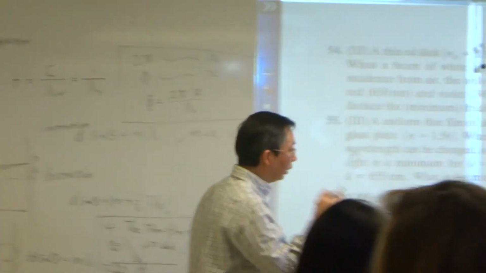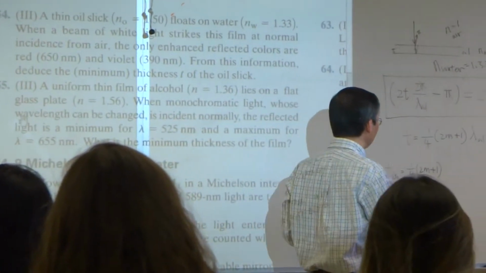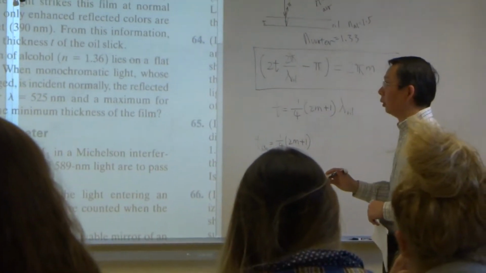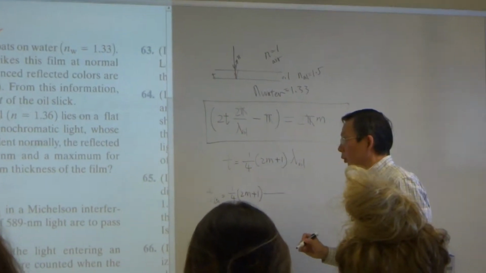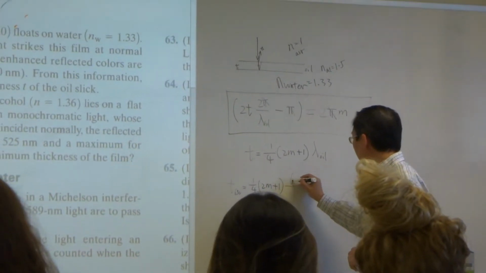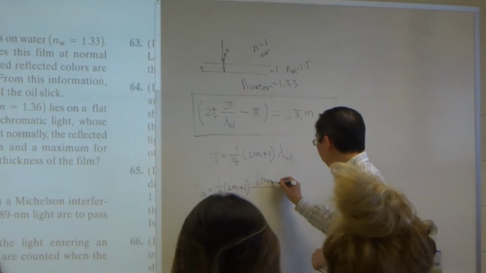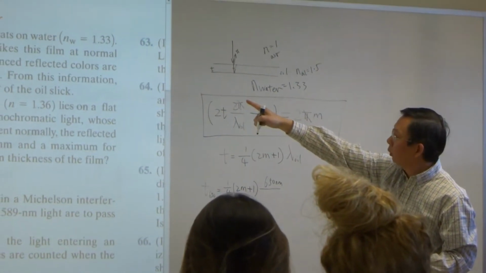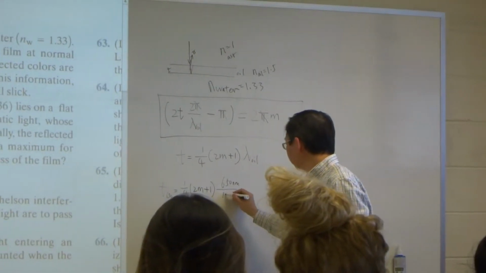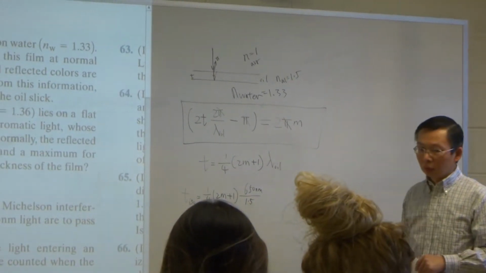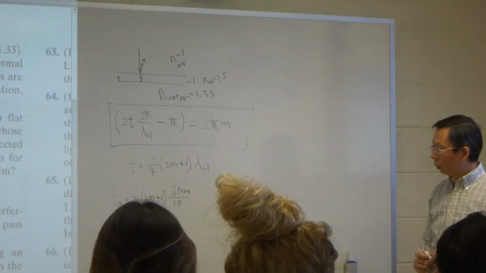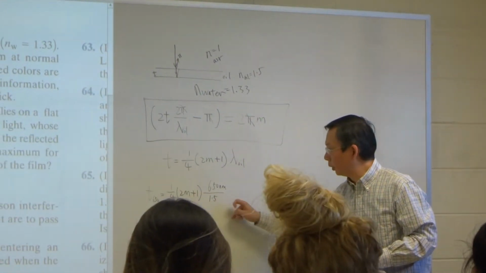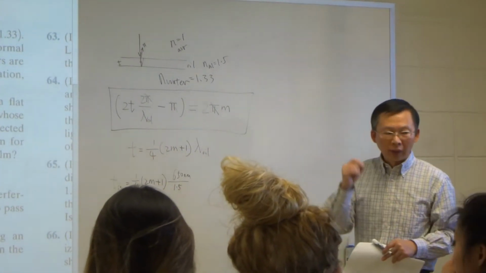So this time we need to use that number divided by the index of the oil: 650 nanometers, that's the wavelength in the air, divided by the index of oil, 1.5. Remember, this should be the wavelength of light in the oil.